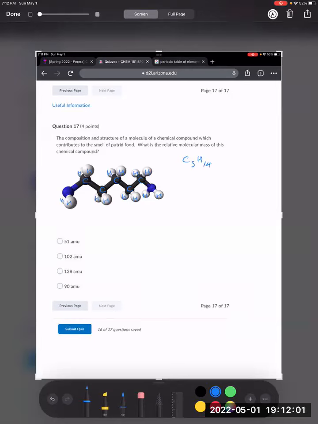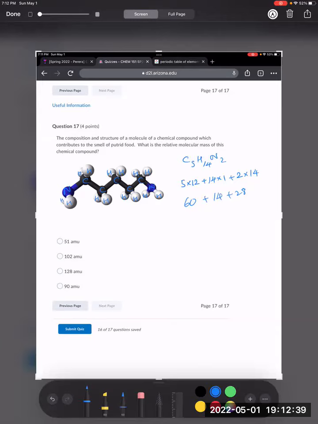And the blue ones should be nitrogen. We have 1 and 2 nitrogens. Okay, so if we add them up, 5 times 12 plus 14 times 1 for hydrogen, and then 2 times 14 for nitrogens. So 5 times 12 is 60. 14 times 1 is 14, and 2 times 14 is 28.